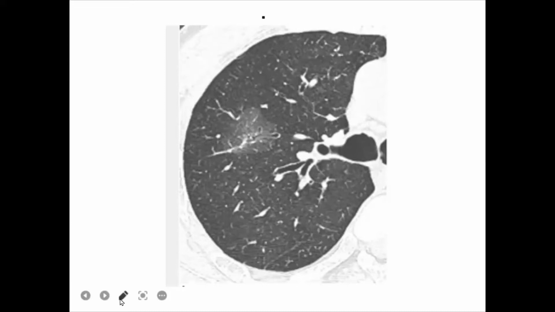Suppose it starts from the center. You can see I am marking here. Suppose consolidation starts at the center. It will become brighter and opaque. So we will call it the halo sign, because we can see a central portion of consolidation surrounded by ground glass opacity. This is how to differentiate.